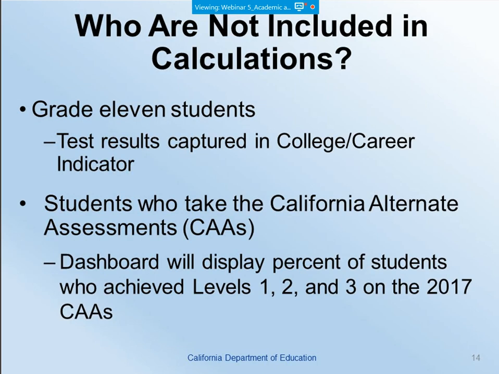Grade 11 students are not included in the academic indicator. Their test results will be captured in the college career indicator. Also, for students who took the California Alternate Assessments, the dashboard will show the percent of students assigned to each of the 3 levels in the spring 2017 administration.